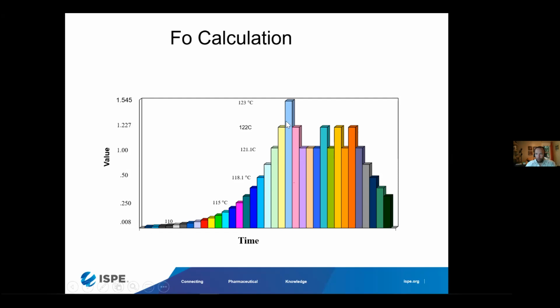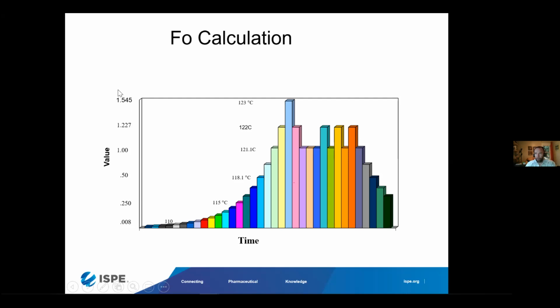These bars are 1 minute increments showing different temperatures throughout an example sterilization cycle in an autoclave. So you can see here at 121 degrees, the F value is 1, and up at 123 degrees here, your F value is 1.545. So at 123 degrees, you're accumulating a minute and a half lethality per clock time.